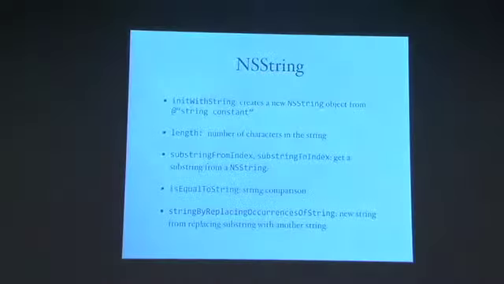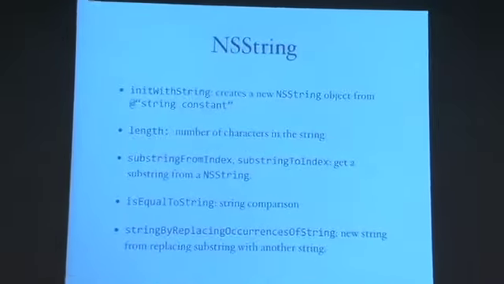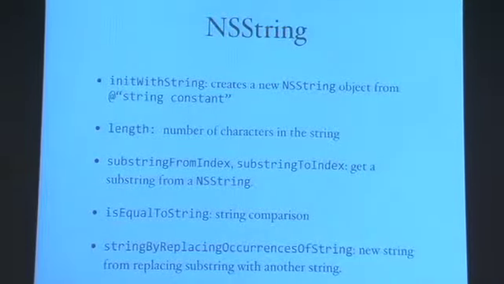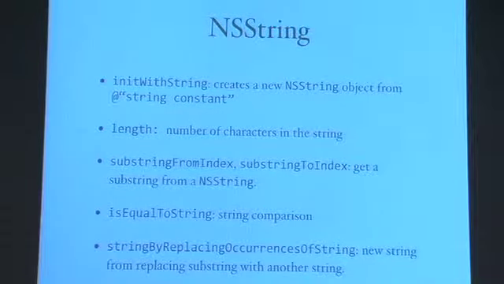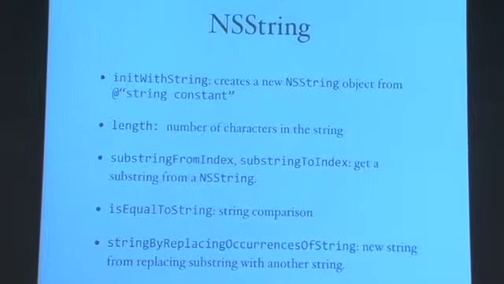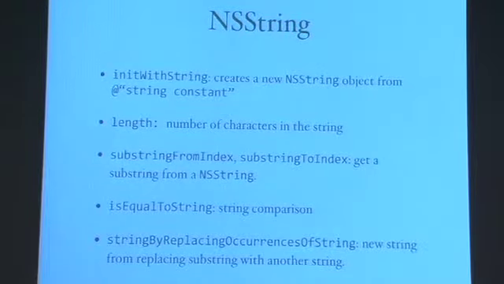In a string, the Apple documentation is spectacular, gives you lots of information, but the big things for quick takeaways is length for the number of characters in a string.